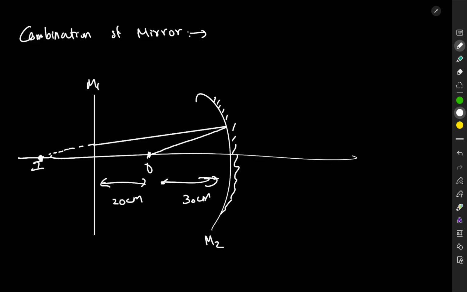Let's say we have a question associated with this. The question is, find the location of the final image of O after 2 reflections, assuming that the reflection is from mirror 1. So it's starting from mirror 1.